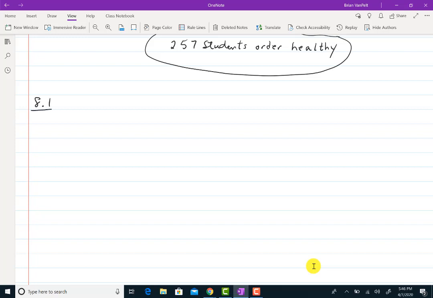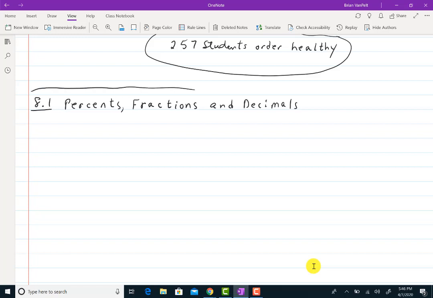And in here, we're going to start looking at connections between percents, fractions, and decimals. So one thing we probably need are the basic numbers. I don't know if I call it basic relations, I guess.